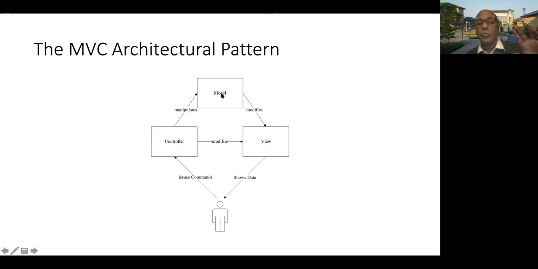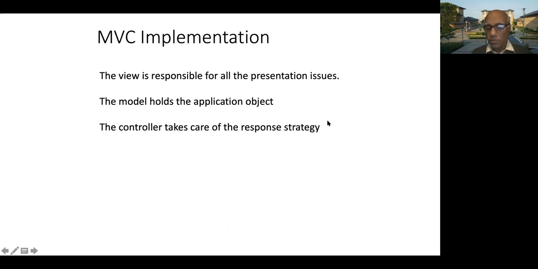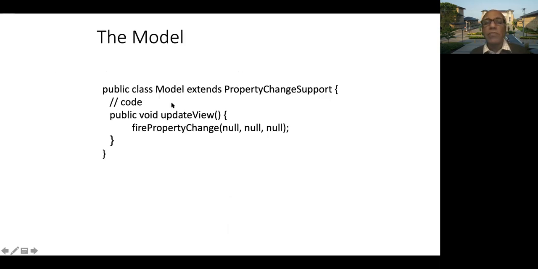The model is an observable and the view is an observer. So the model extends property change support, which would be a class adapter, or it can be an object adapter with property change support as a field, as the adaptee. When you call the update view of model, it will fire the property change so that the view is notified.